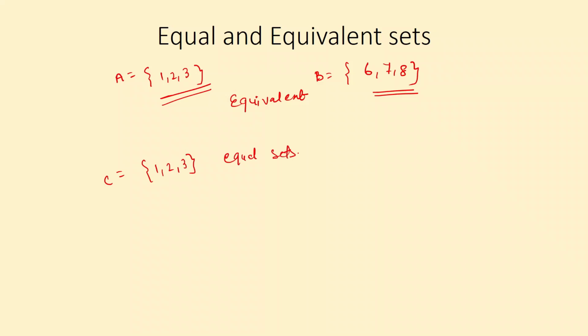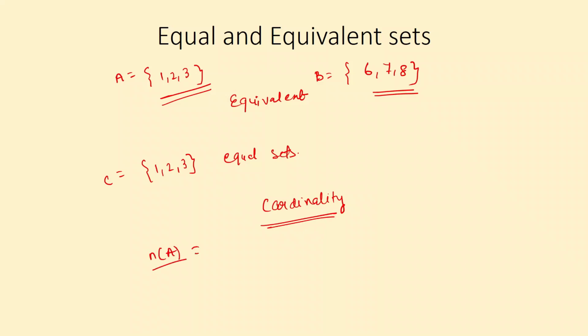So here I want to introduce one more concept to you, which is known as the cardinality of a set. So cardinality of a set is the number of elements present inside the set, and this is denoted as n of the set.